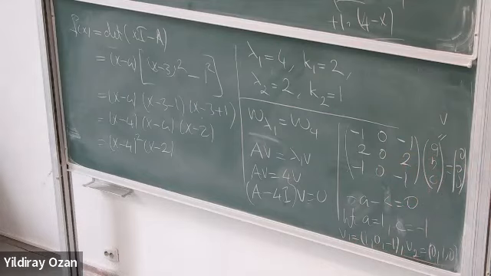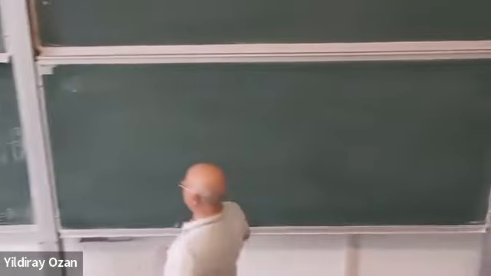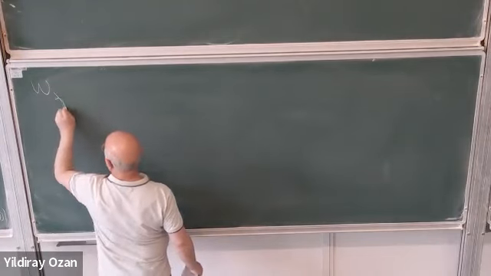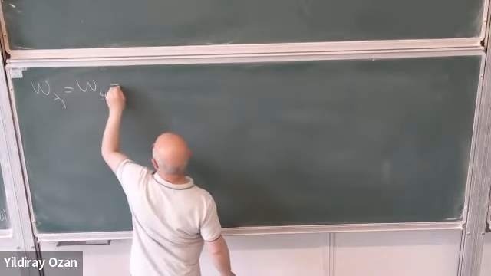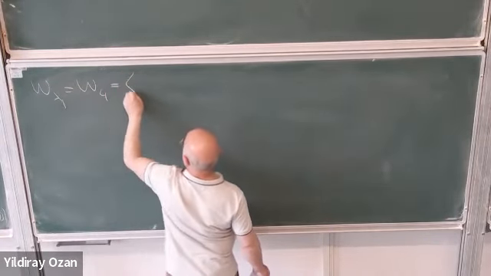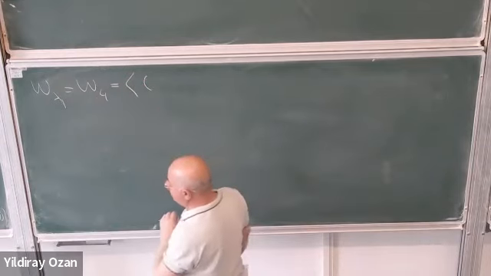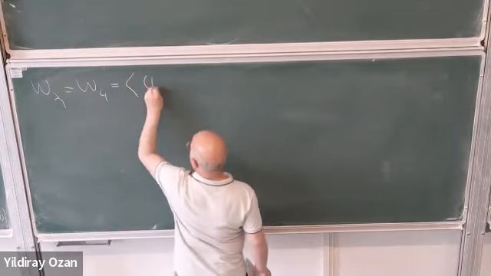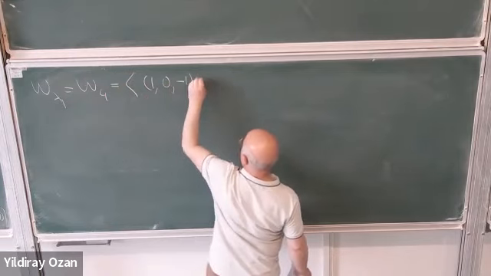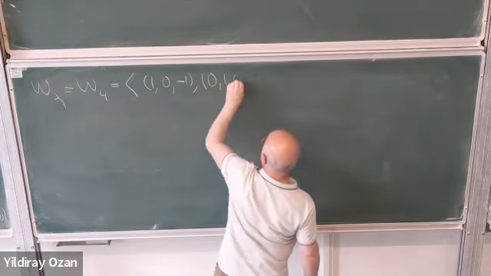Okay? Two, so we have two linearly independent solutions. Therefore, W4 is spanned by these two eigenvectors (1, 0, -1) and (0, 1, 0).